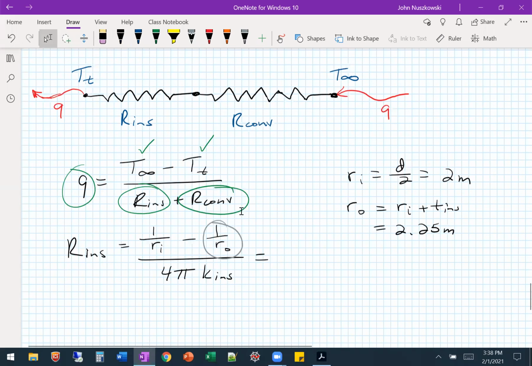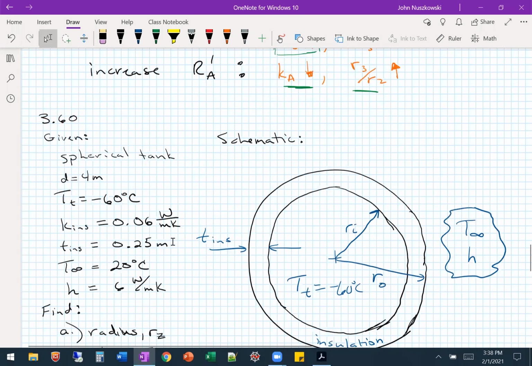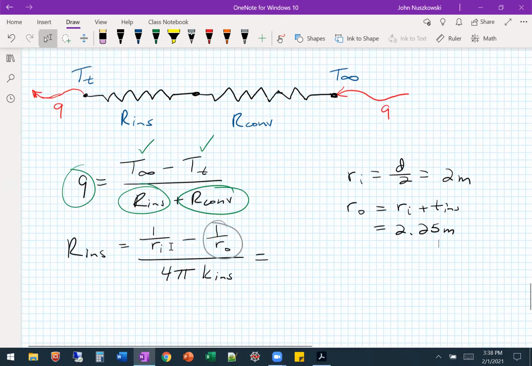Check. Yeah. Okay. So then we can solve this and we get 0.0737. All right, convection. What does this one look like?